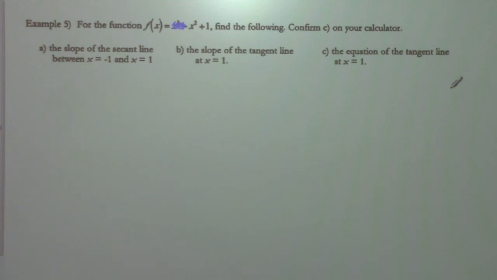Yeah, I'm gonna give you a little hint here, and it's just sort of a check. I think the slope of the tangent line should be 2 where x equals 1. So kind of just to check yourself.